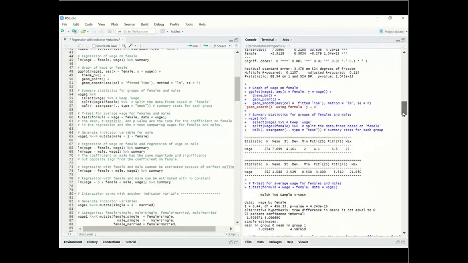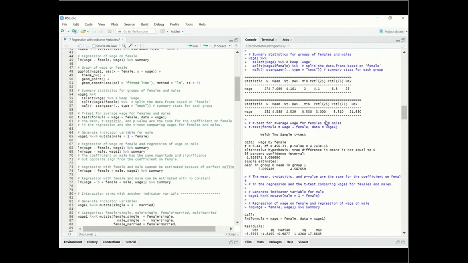And so here we have the test statistic and the p-value here. And we have the means for two groups. And basically, whether or not we use a t-test or a regression as we had above, we would be actually reaching the same conclusion as before.